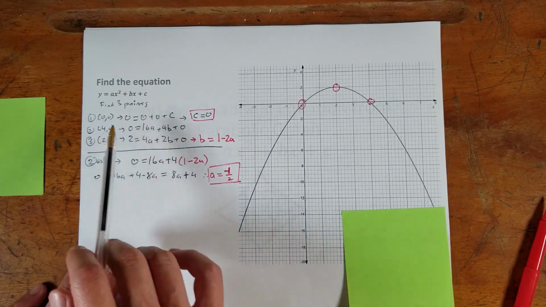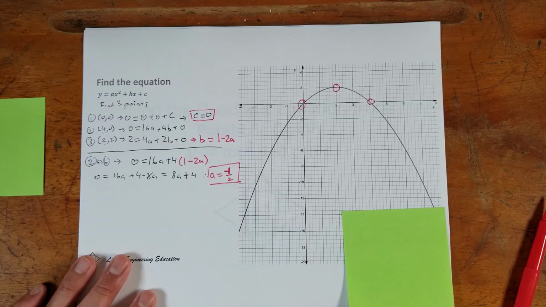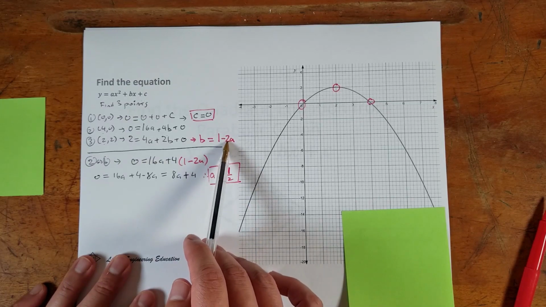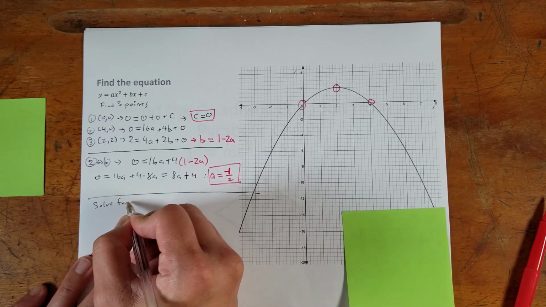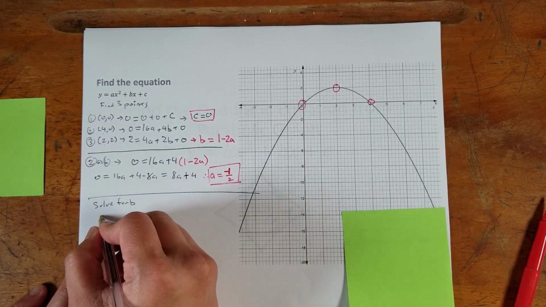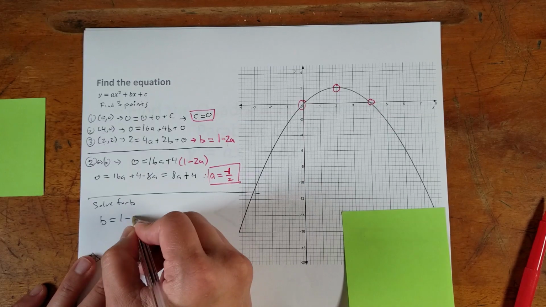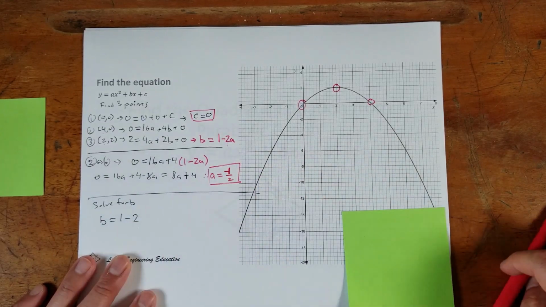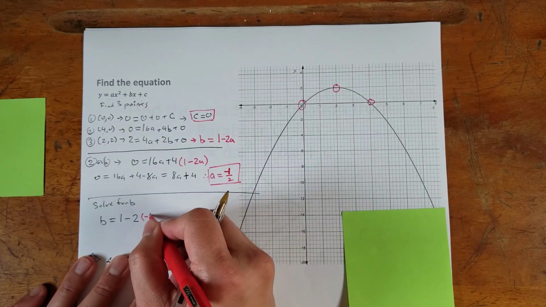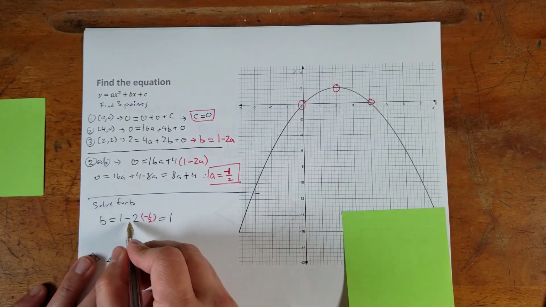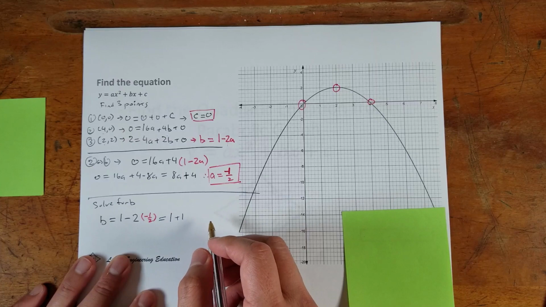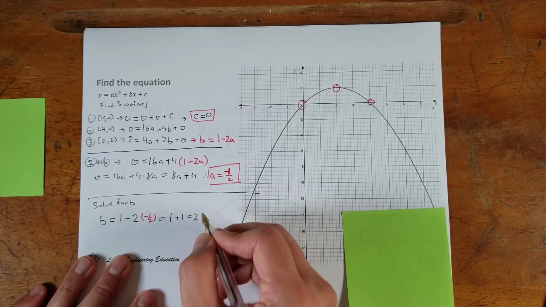All right, and the very last step in order to solve for b is just plug it into this equation. Then solve for b. We plug in b is equal to 1 minus 2 times a, negative 1/2. So this is equal to 1 plus 1, or just 2.